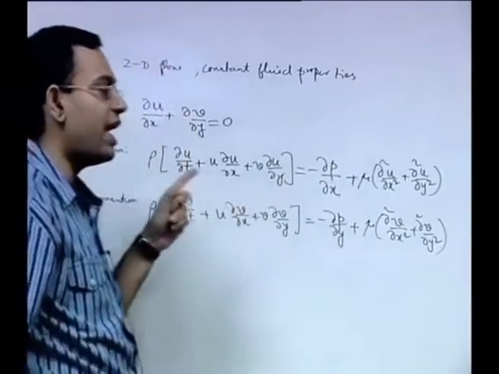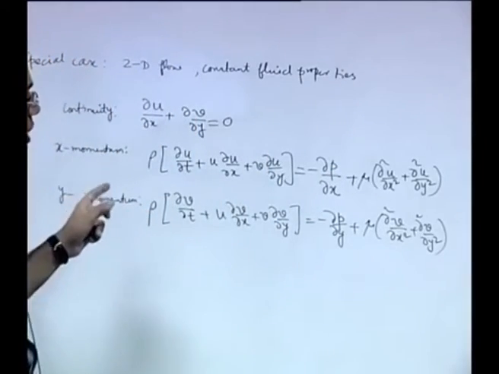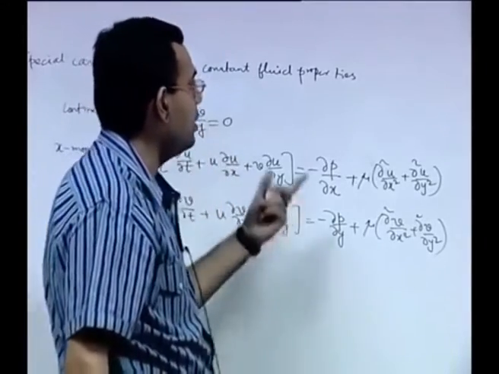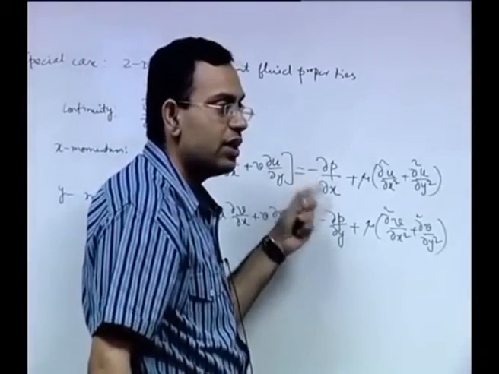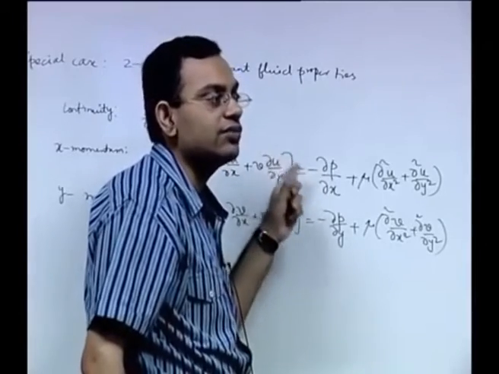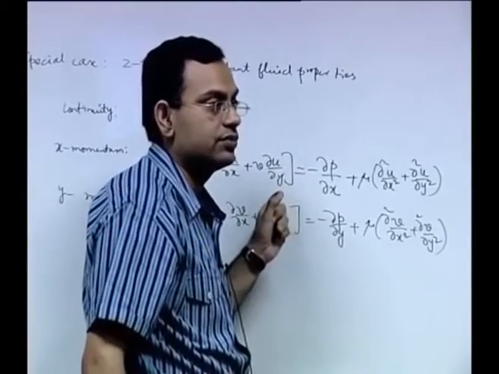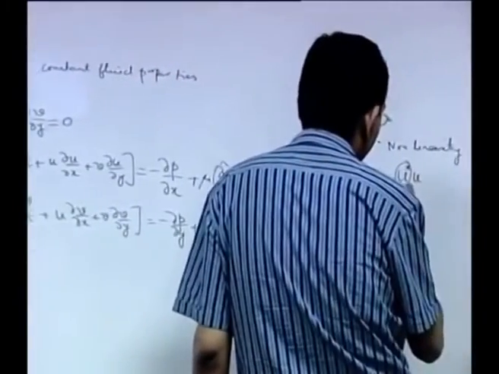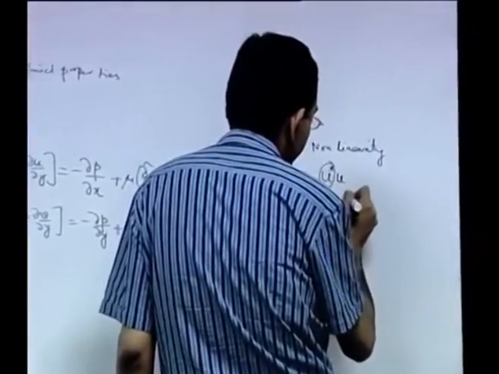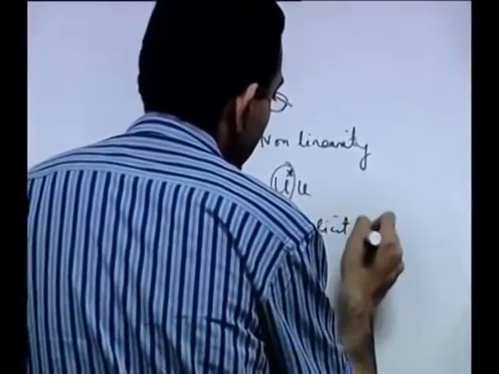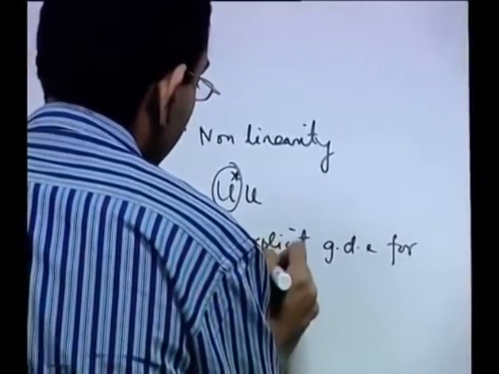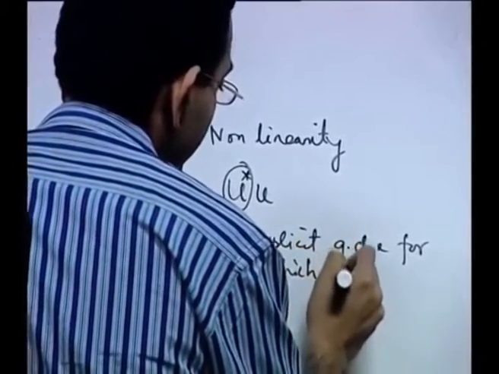So you have a situation where you are having to deal with an undetermined variable as a source term where there is no explicit governing equation for that undetermined variable. So no explicit governing differential equation for pressure which appears in momentum equation.